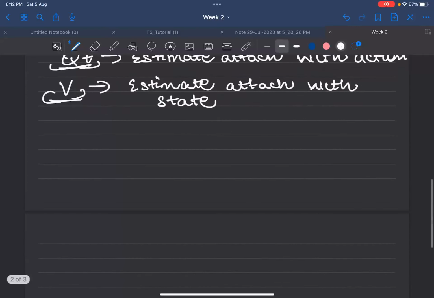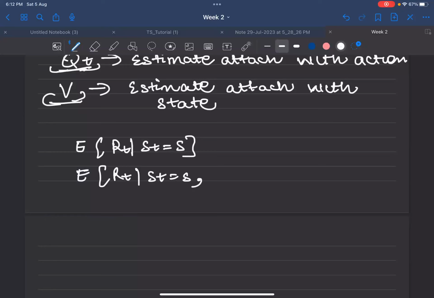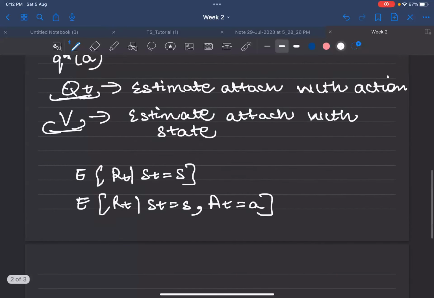I'll just give you the equation. I'll not denote the return because we haven't introduced the return yet. Now, what is Q? What is V? And what do you mean by this?